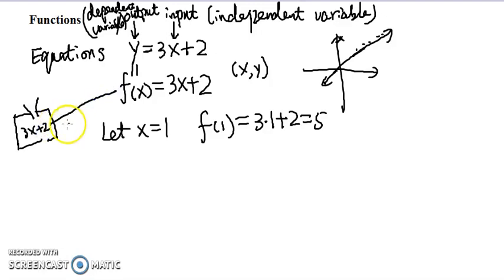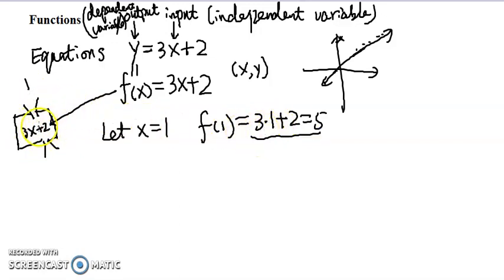This is our function, and something will come out. The number you put in there will be the value of x. What this machine does is two operations: multiply the number x by 3 and add 2 to it. So it's similar to what we did here.